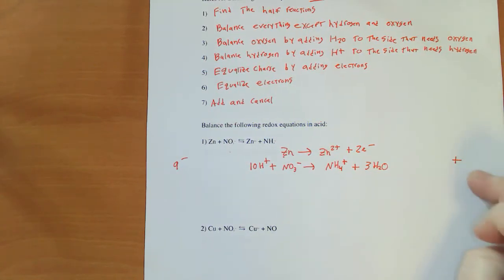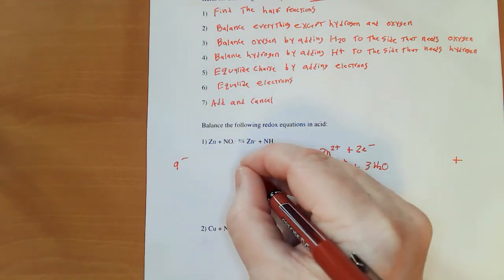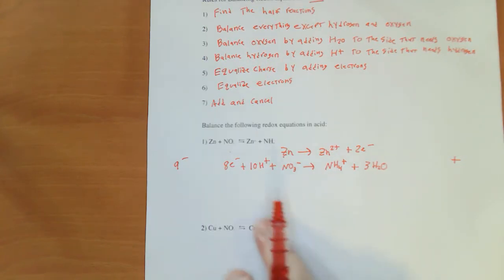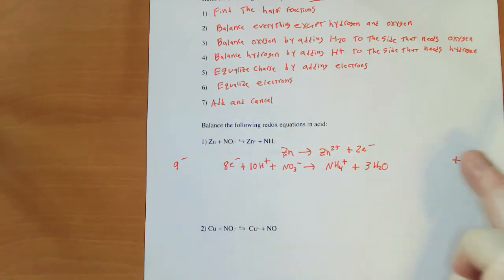So I'm going to need to add more minuses. I'm going to need 8 more minuses to make them the same. So I'm going to add 8 electrons. If I add 8 electrons, that makes this a plus 1 and that a plus 1, and they're the same. They're not both 0, but they are the same.